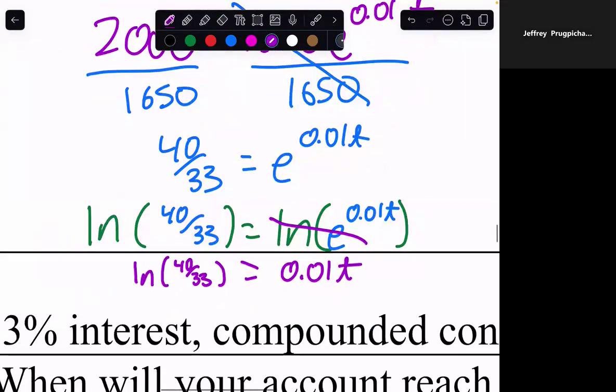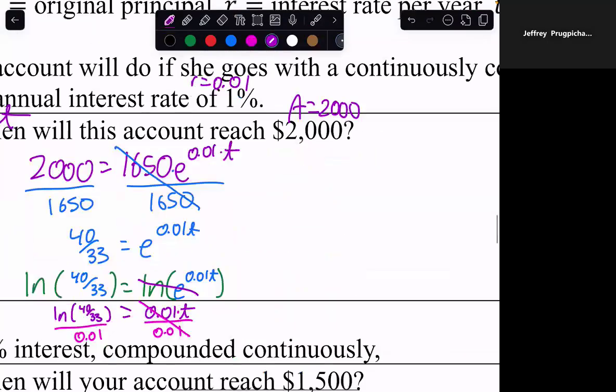And then lastly, we need to get rid of this 0.01 that's in front of the t, multiplying it. So we divide both sides by 0.01. Okay, so in the end, we get natural log of the fraction 40/33, all divided by 0.01 will equal t.